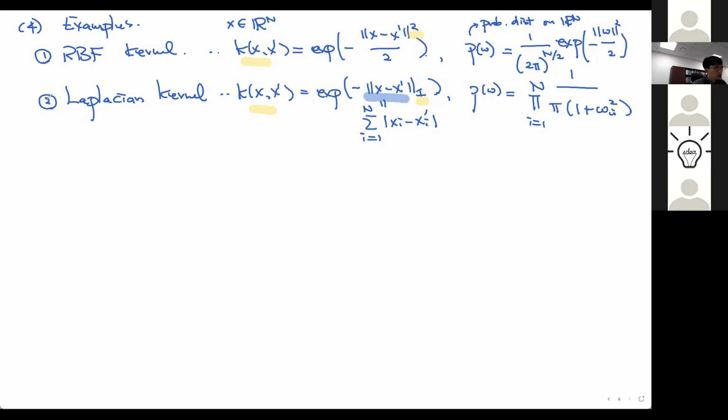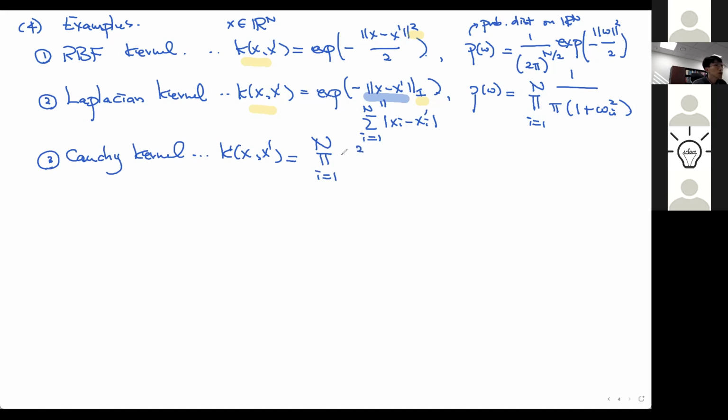And the third is actually the Cauchy kernel. It decays even slower than the Laplacian kernel, and it's defined in a very similar way to the Cauchy distribution.